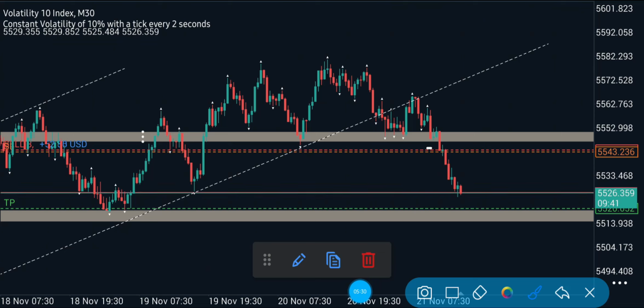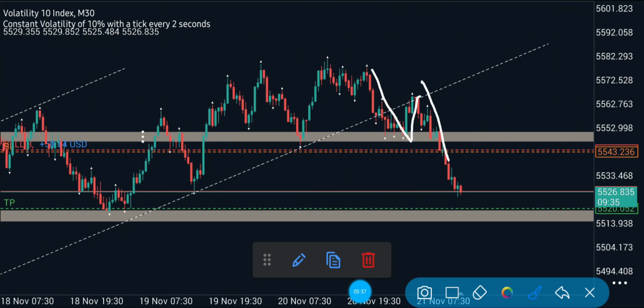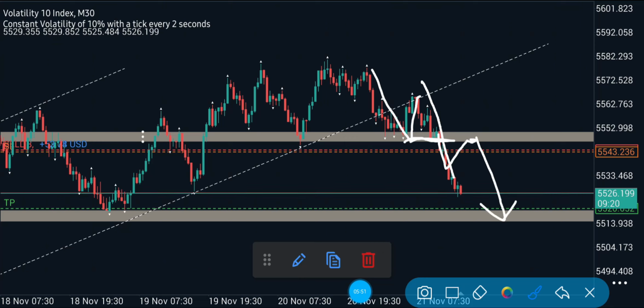Meaning, unless I see that the market has come down and broken out of this support zone here. And if it breaks out of that support zone, I will either give it an aggressive entry or wait for a pullback here, and then I will sell to the zone here. You understand?